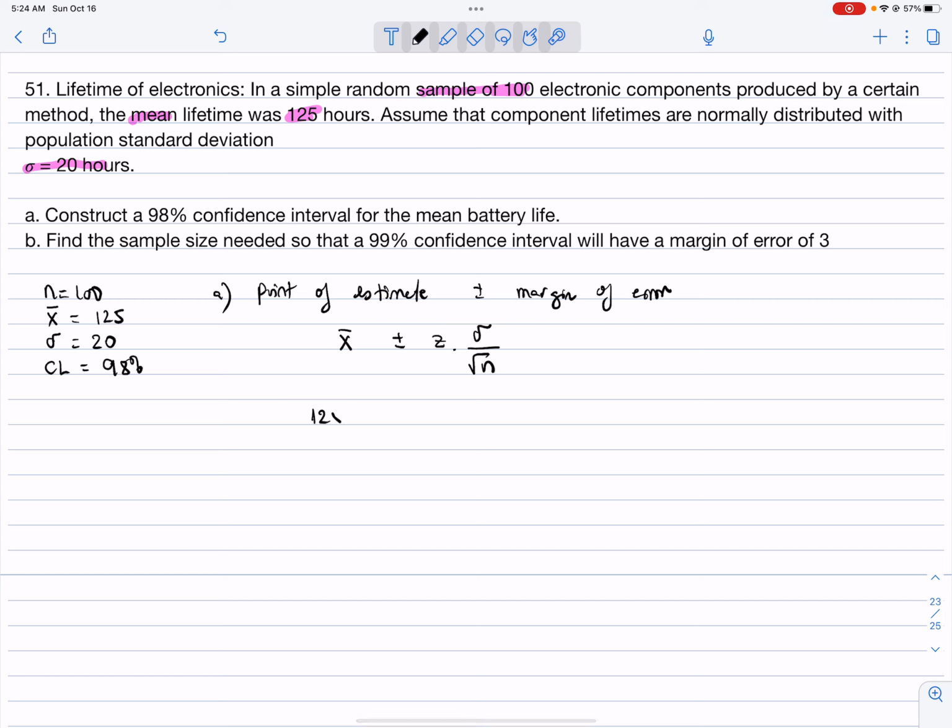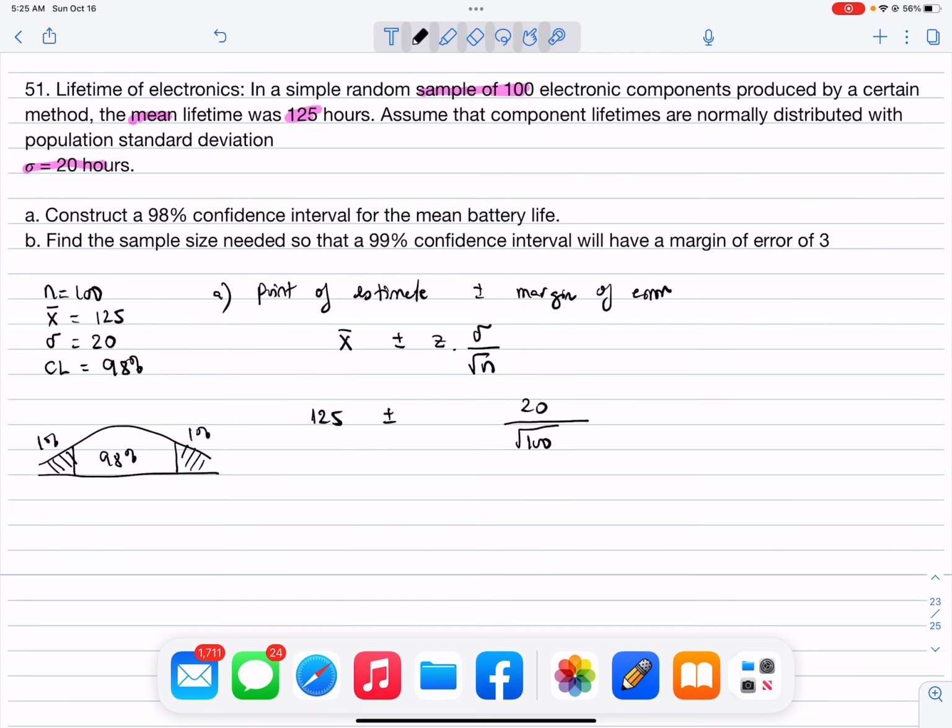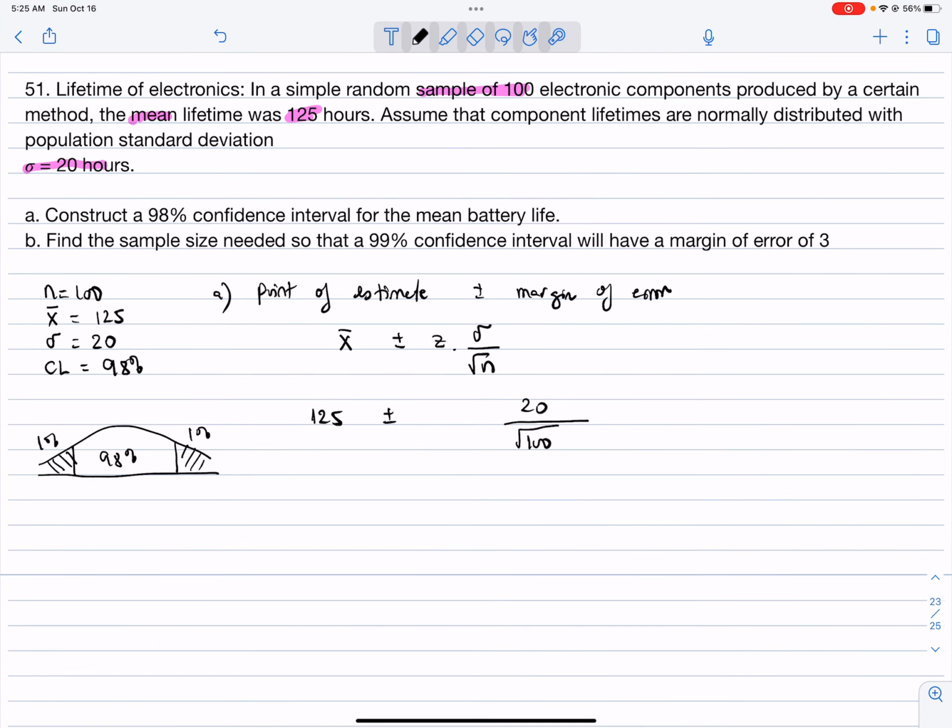So we have 125 plus minus, sigma is 20 and n is 100. We need to find Z and we use the confidence level 98%. Again, we cannot use the one in the middle, so we should use 1% either on the left side or right side. And 1% is 0.01.